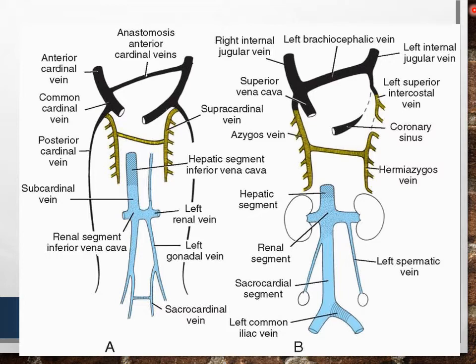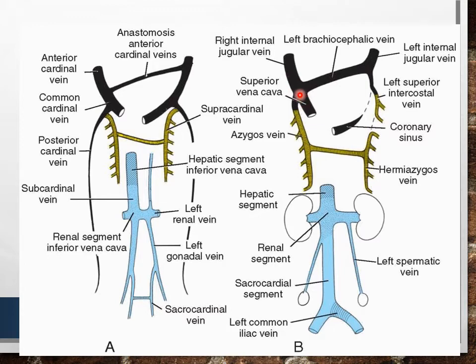Most of the blood from the left side of the head and neck and upper extremity is going to enter into this left brachiocephalic vein, and then enter into the superior vena cava here. It is formed by the common cardinal vein with a contribution of the anterior cardinal vein.